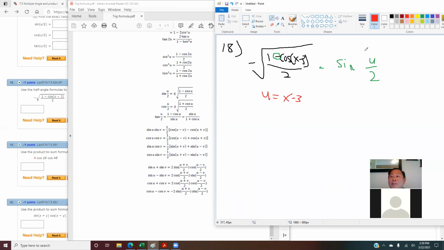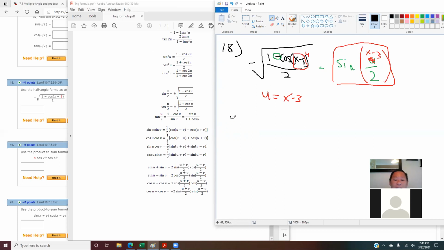So what you do here is you just replace this with x minus 3 and put parentheses around it, and this is your answer. It's easy actually. So first look at the sign: if it's minus, you use sine; if it's plus, it's cosine. This is your u, and then you just substitute back in there. That's it.